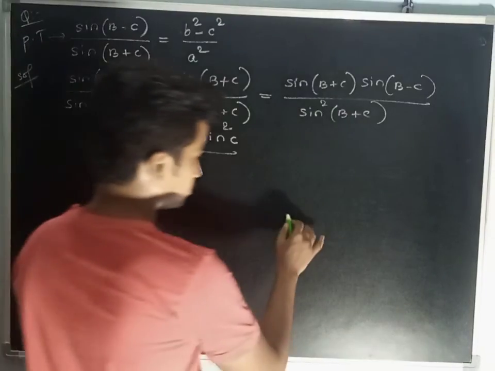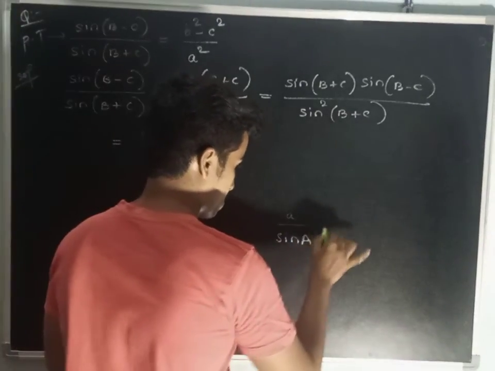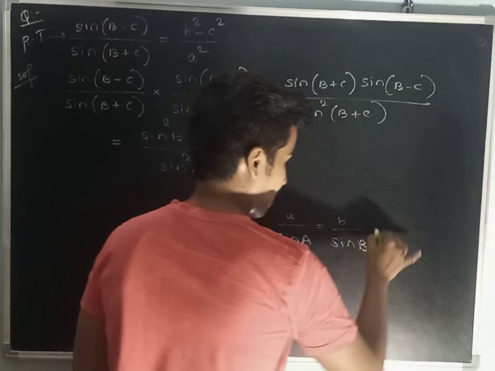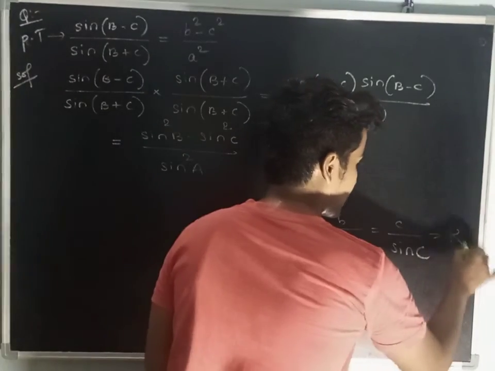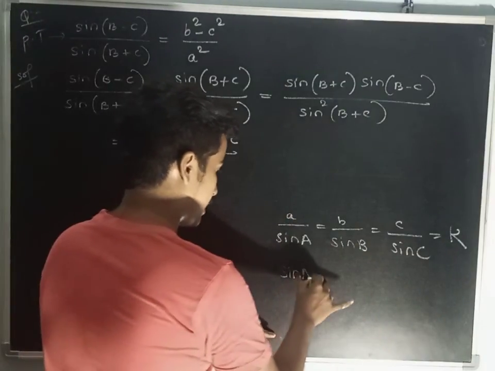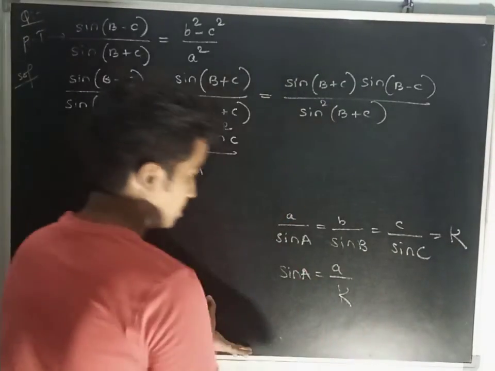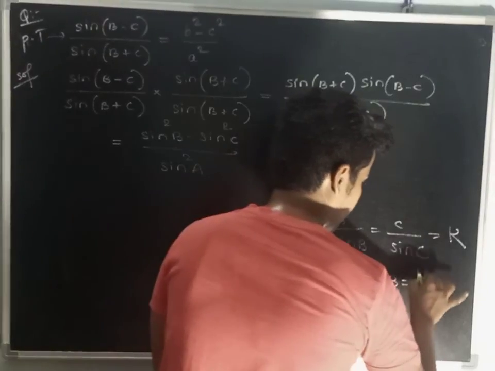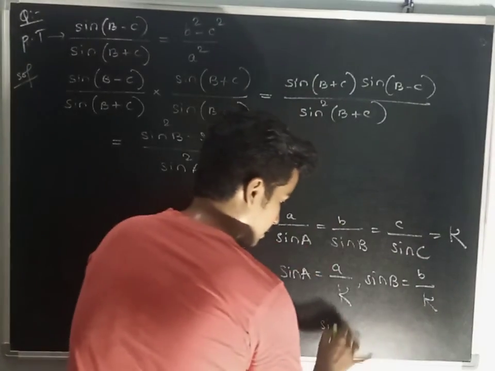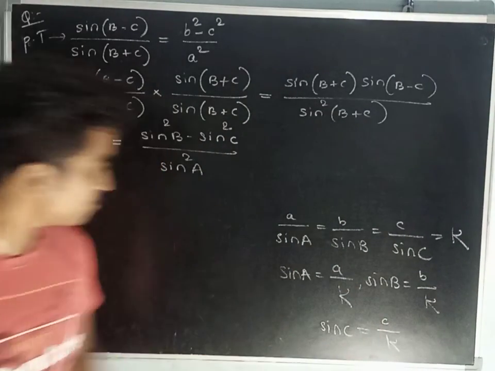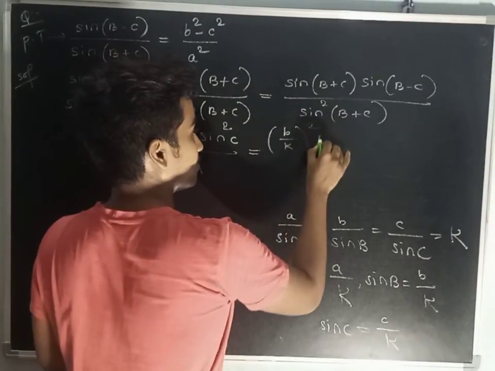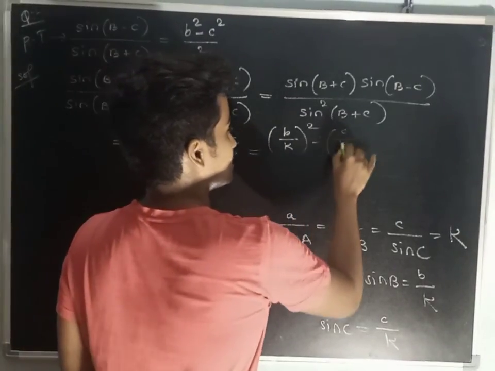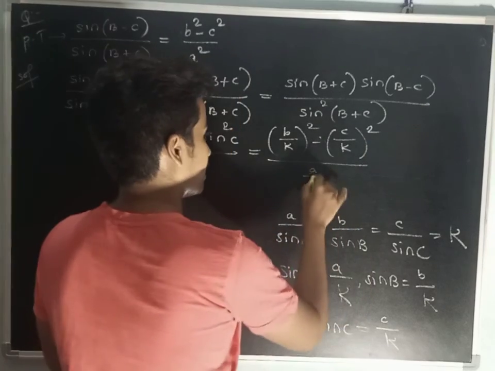Now a/sin a equals b/sin b equals c/sin c, which is the sine rule that we have learnt already. Let me put the constant as k. Then sin a is a/k, sin b is b/k and sin c is c/k. Putting these values in, I get (b/k) whole square minus (c/k) whole square by (a/k) whole square.